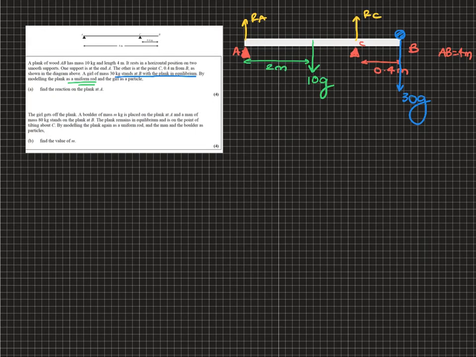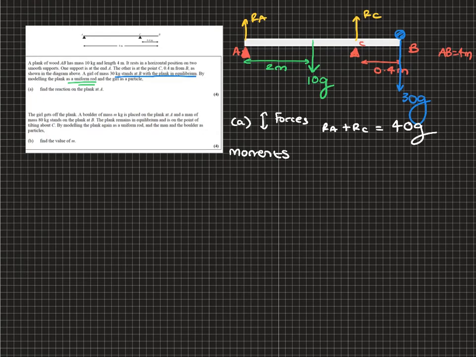So we have got to use the fact that this is in equilibrium to find the reaction of the plank at A. So we know by balancing our forces that RA upwards plus RC upwards must equal the combination of the downwards forces, which is 40g. But we're going to need to take moments about a particular point and balance our clockwise and anti-clockwise moments if we're going to be able to take this further.